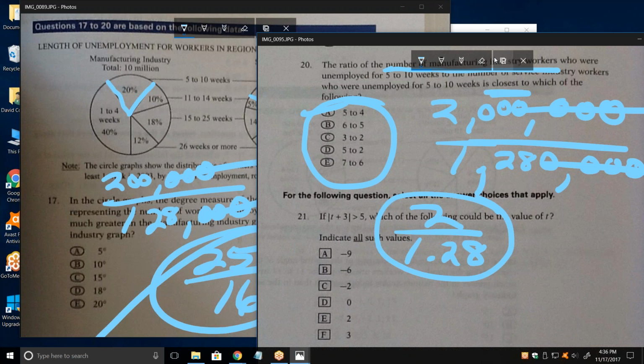And that ratio, 2 over 1.28, does not equal any of those ratios. So I got completely confused and started thinking, wow, am I supposed to compare the percentages, or am I comparing absolute numbers? And the whole reason I was confused is because I didn't see the word closest to. I was looking for the exact answer.